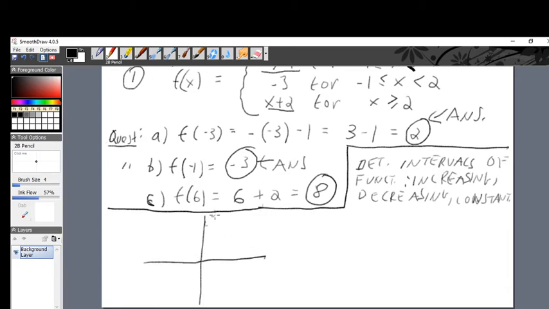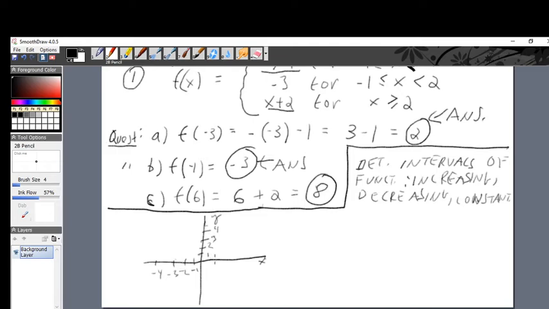The y-axis, the x-axis, as usual. And over here, this is -1, -2, -3, -4. Here is 1, 2, 3, and 4.